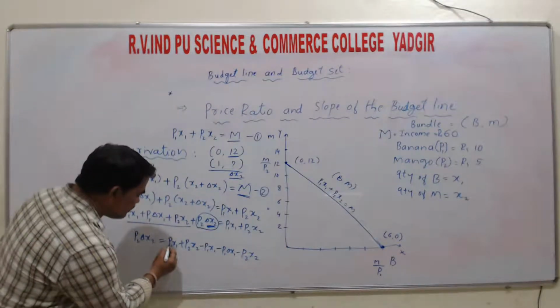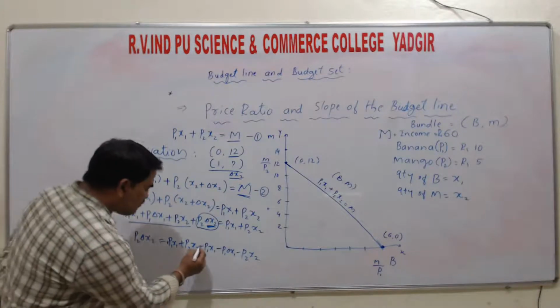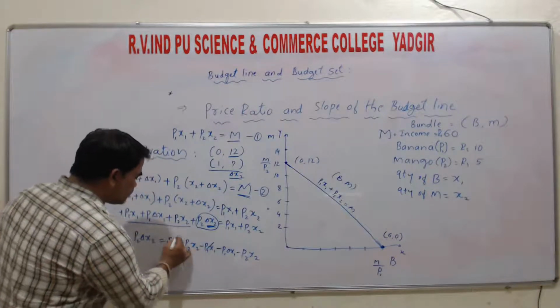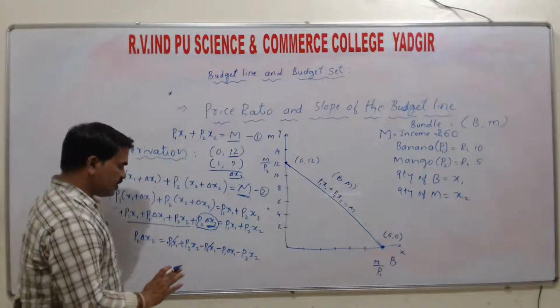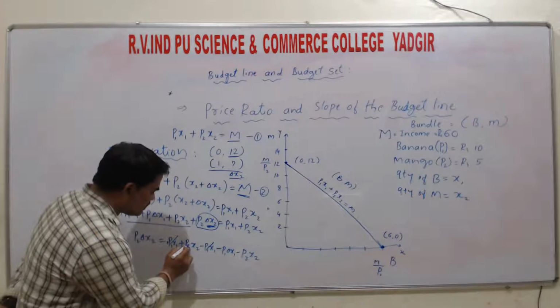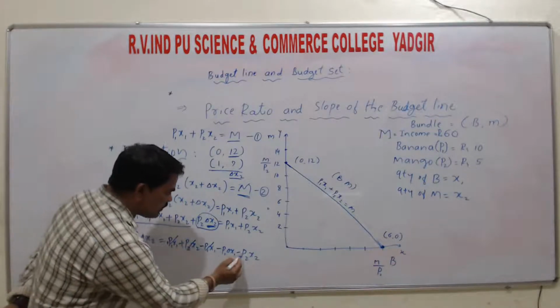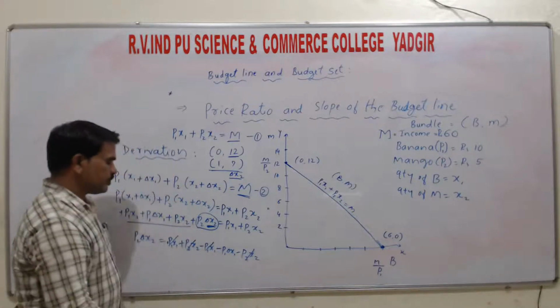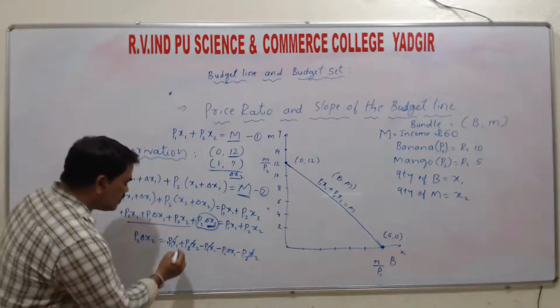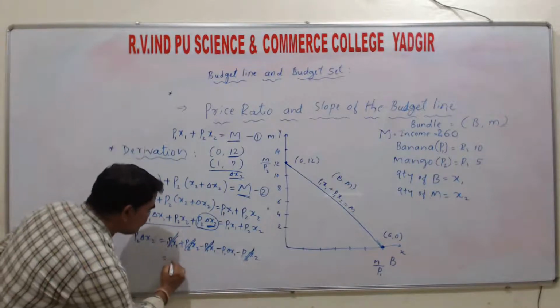Now if you see, P1 x1 plus is here, minus P1 x1. These two will get cancelled. P2 x2 and we have minus P2 x2. Now these two are gone. These two are gone.